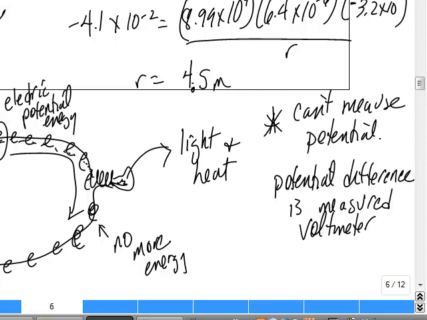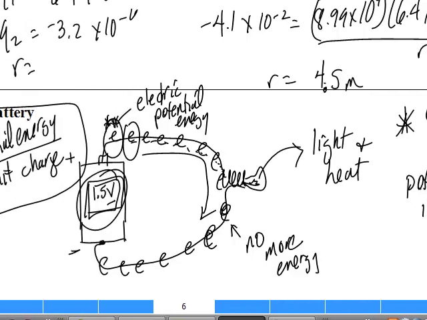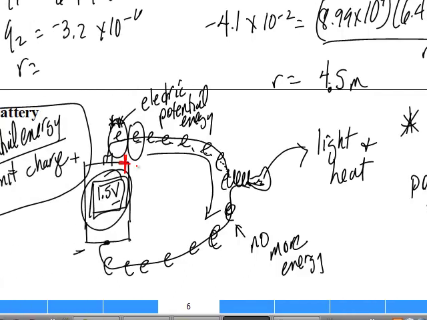And so when this is a 1.5 volt battery, what this means is on the positive terminal, it's 1.5 volts, and on the negative terminal, it is 0 volts. So my potential difference is 1.5 volts, which is what the little meter can read.